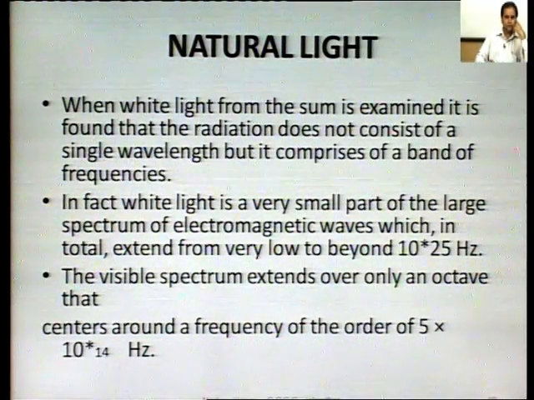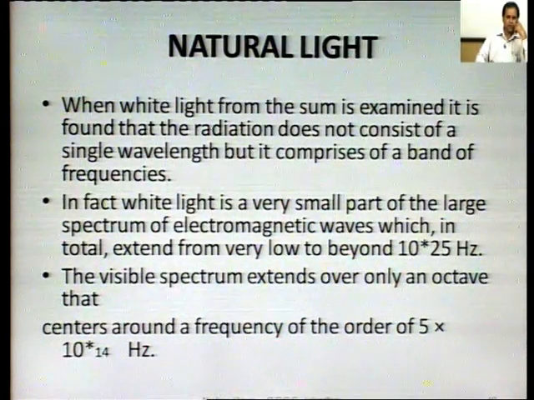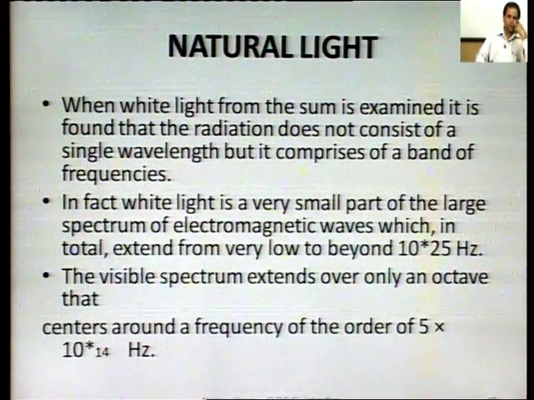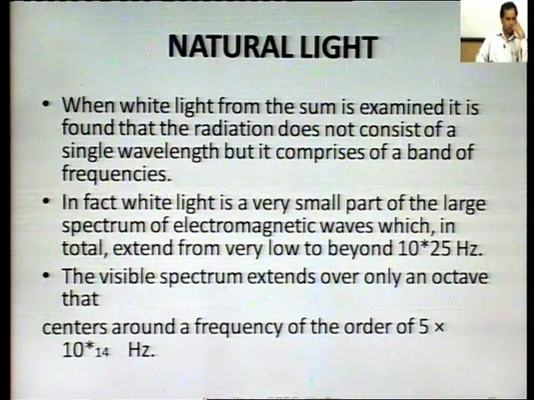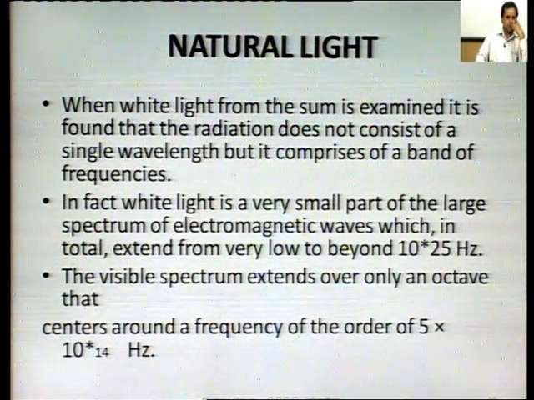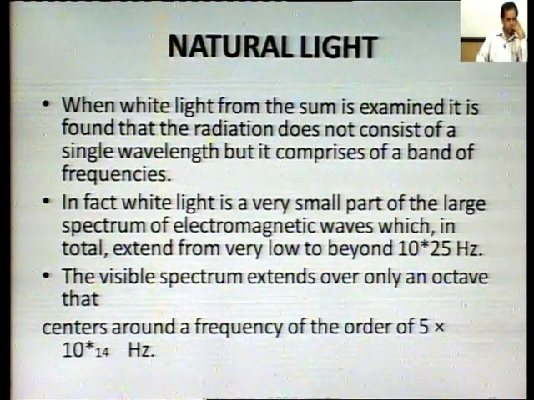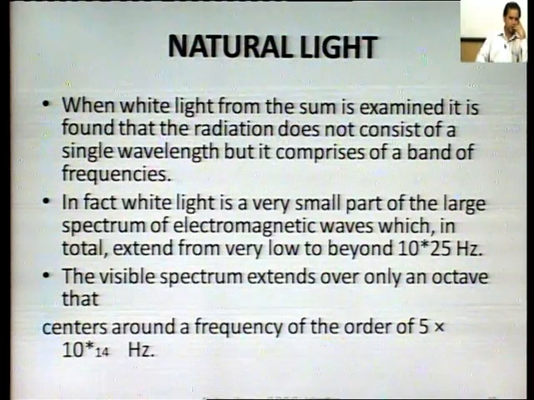In fact, white light is a very small part of the large spectrum of electromagnetic waves, which in total extend from very low frequencies to beyond 10^25 hertz. The visible spectrum extends over only an octave that centers around a frequency of the order of 5 x 10^14 hertz.